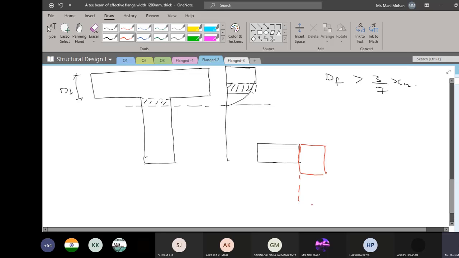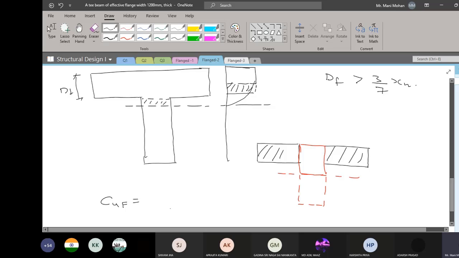And here you have concrete which is in tension, and this is your neutral axis. If you are not remembering the formula, you should not worry; you can draw this sketch. So you have this flange part. I would like to know what is CUF.